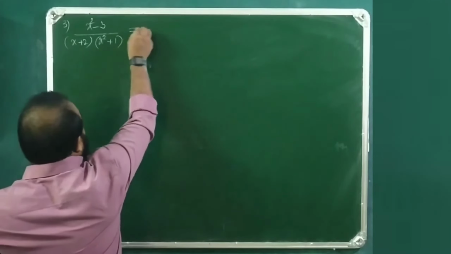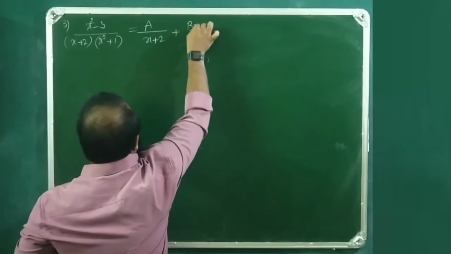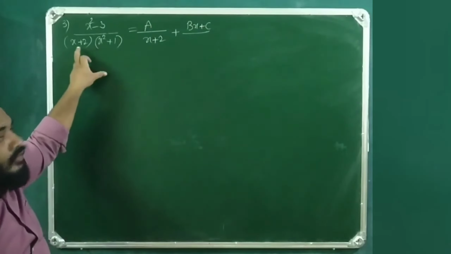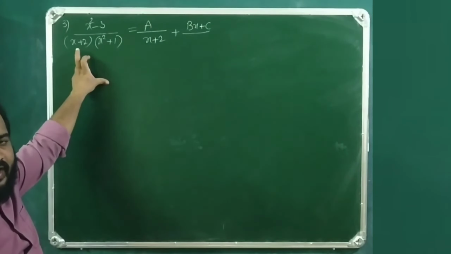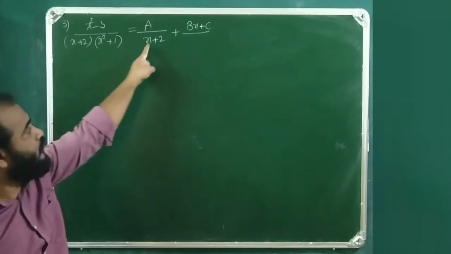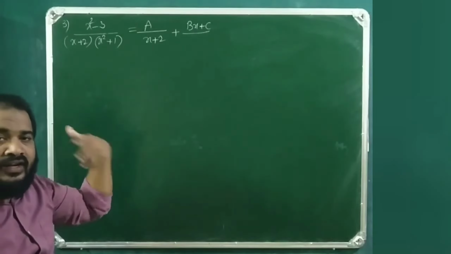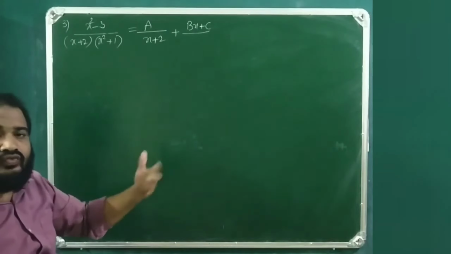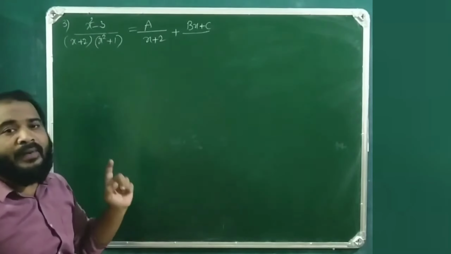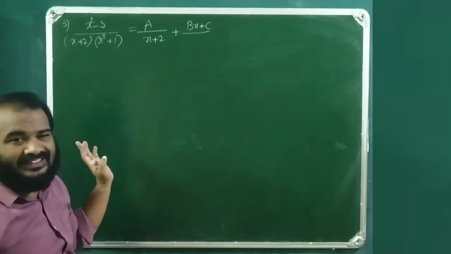So this is a by x plus 2 plus bx plus c by. For every non-repeated linear factor, there corresponds a partial fraction of the form A by ax plus b. For every non-repeated irreducible quadratic factor ax square plus bx plus c of the denominator g of x, there will be a partial fraction of the form ax plus b by ax square plus bx plus c.